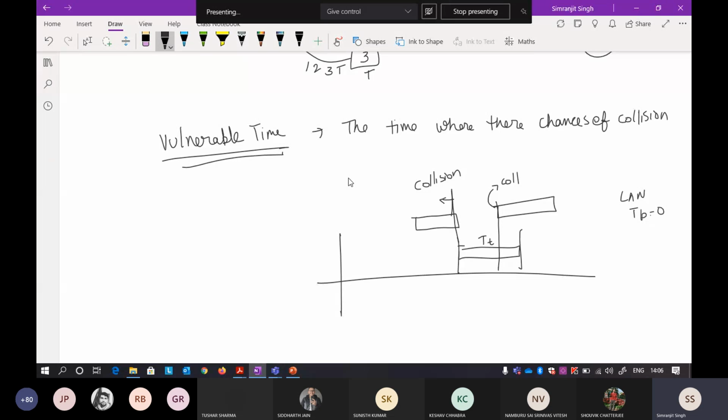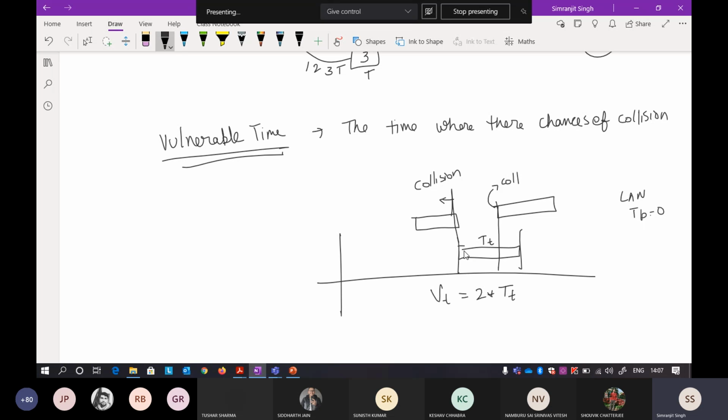Vulnerable time is the time where there are chances of collision. If I'm talking about this transmission time, vulnerable time can be 2 into this transmission time. Whatever time is required for transmission, if I take double of that, there are chances in that double time of a collision.